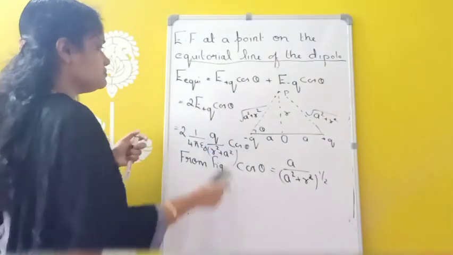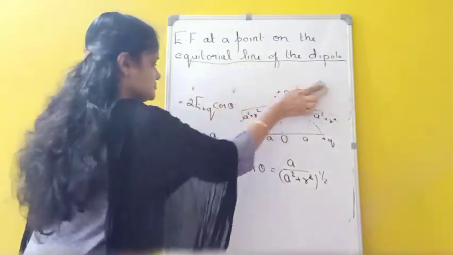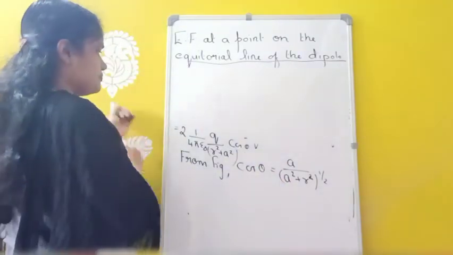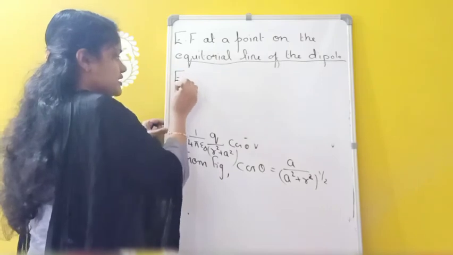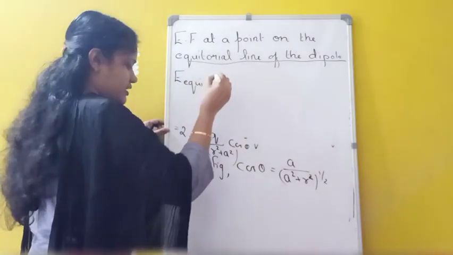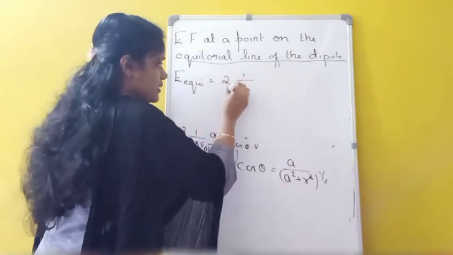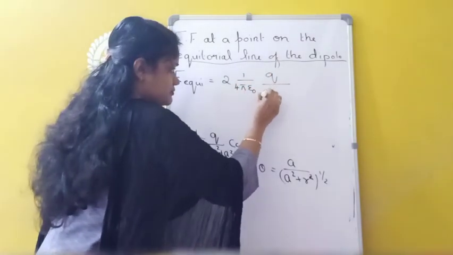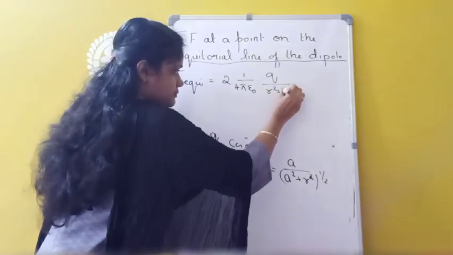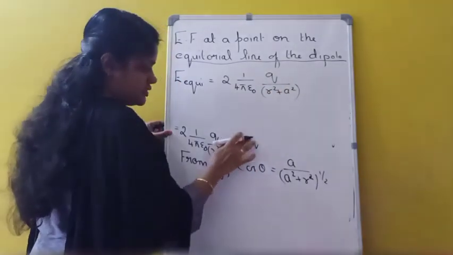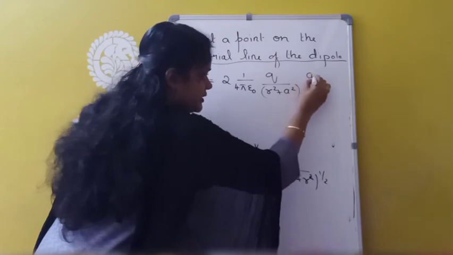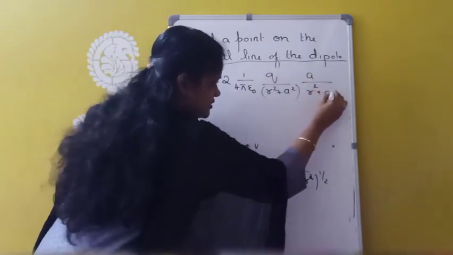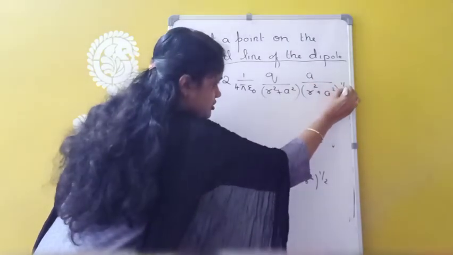So the net electric field along the equatorial line, E equatorial equals 2 into 1 by 4 pi epsilon 0 Q divided by R square plus A square, into cos theta, A divided by R square plus A square the whole raised to 1 by 2.